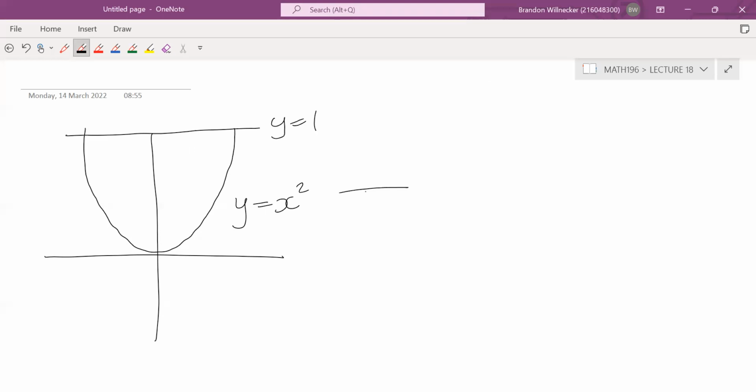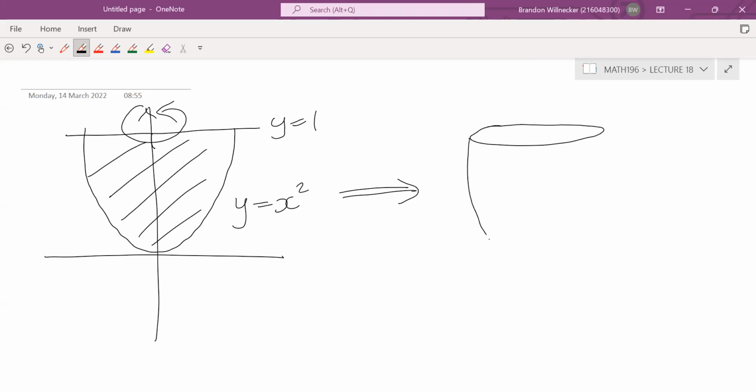Now, what I want you to imagine is we take this parabola and we rotate it around the y-axis. So this little area, this region here, we're going to take that region and rotate it around the y-axis. What kind of shape do we get if we take this area and rotate it around the y-axis? We're going to get this kind of cup shape. It's going to look something like this. Can you see how the base of this cup has a parabolic shape?